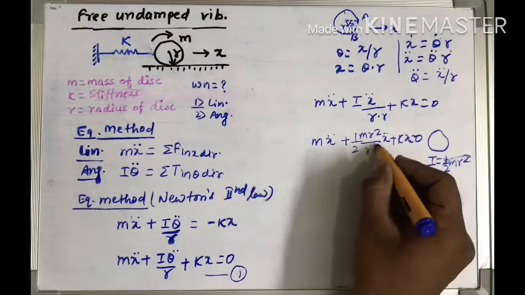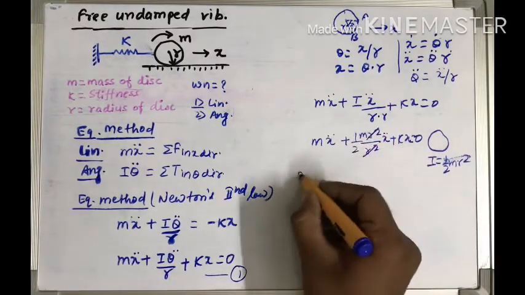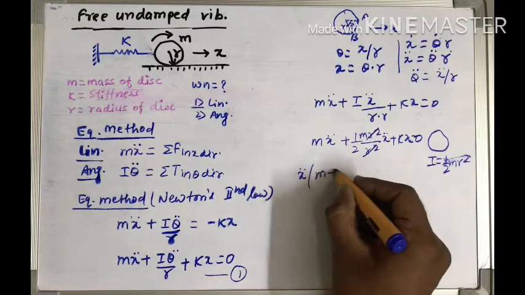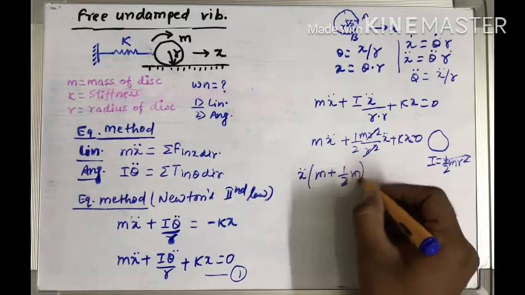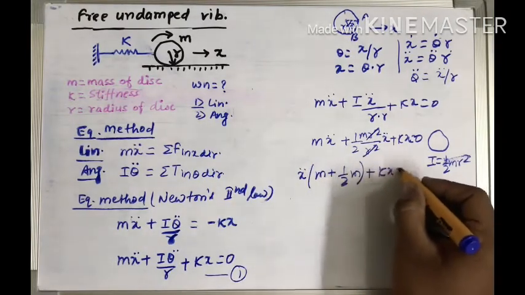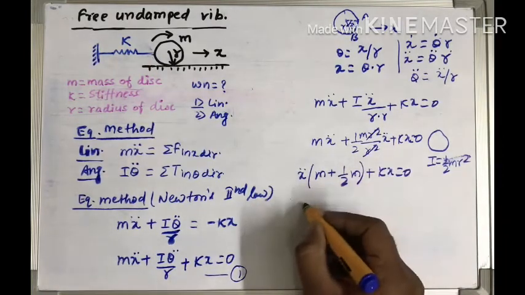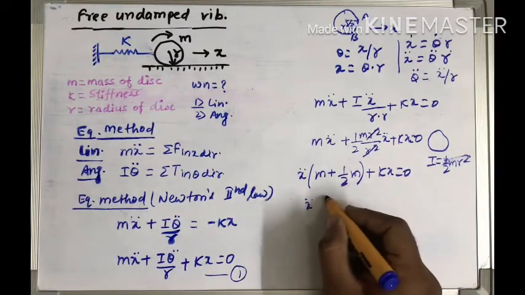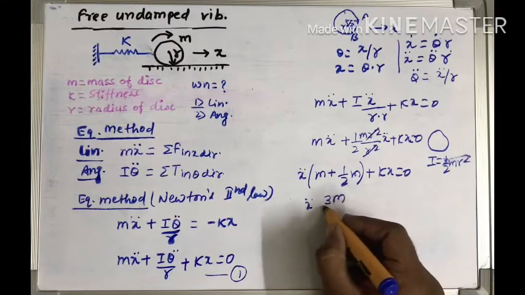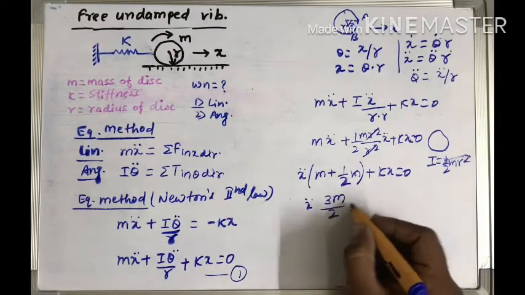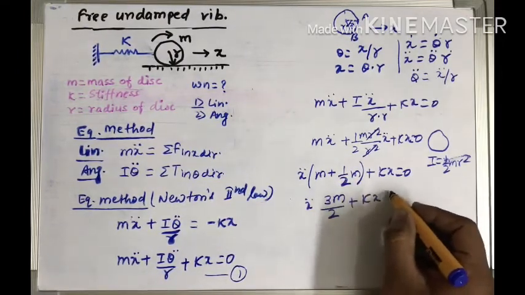So r square and r square cancel. If we take x double dot common, then it is m plus 1 by 2 m, plus kx equal to 0. So it can be written as 3m by 2 x double dot plus kx equal to 0.